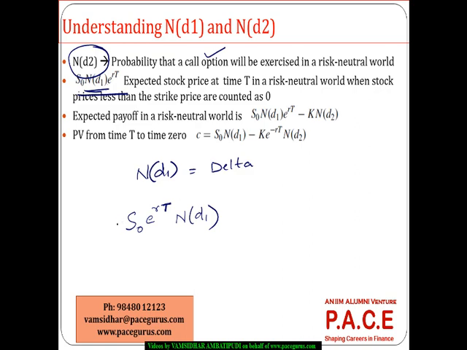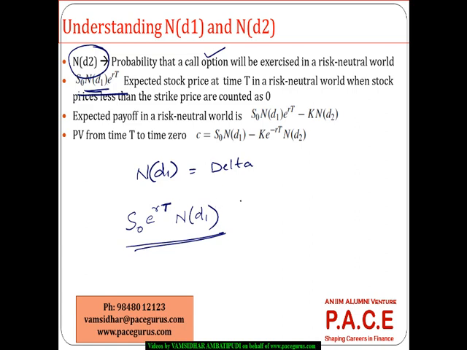Then I'm getting this as the expected stock price. So it's the expected stock price when all those possibilities of the stock price being less than the strike price are taken as zeros. Then this will be the expected stock price at time T.